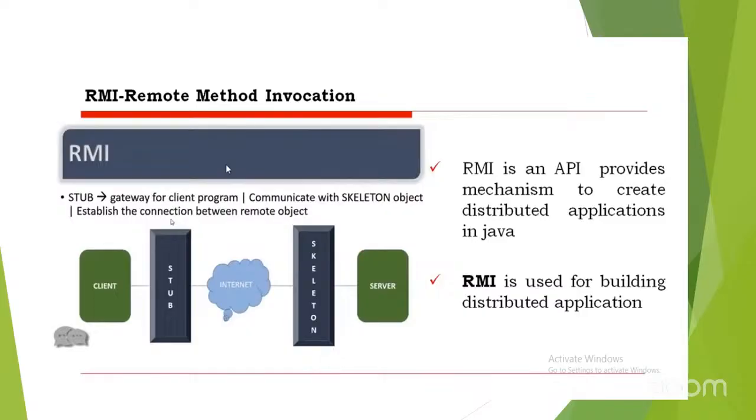RMI provides an environment or program interface to communicate between the client and the server, with two gateways, one on the client side and one on the other side. Usually they connect through the internet only, but they maintain separate agents, gateways. The stub is the client-side gateway for providing communication, establishing the connection to the server by using the gateway called the skeleton on the server side.